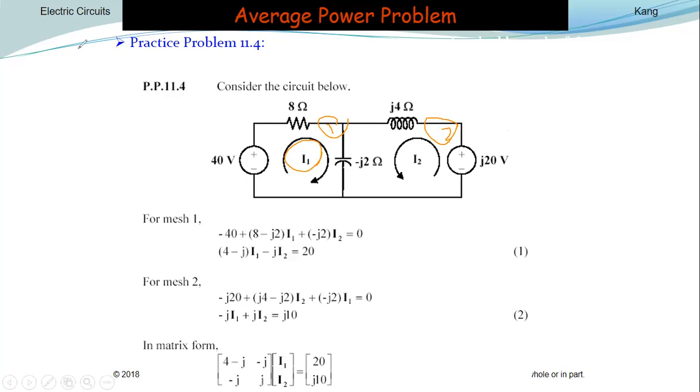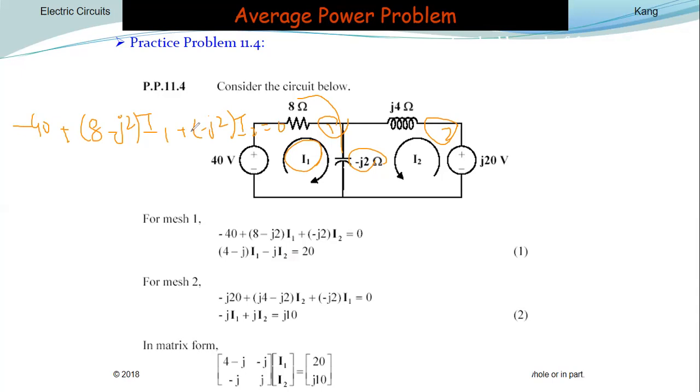For mesh number 1, the equation will be equal to -40 plus this one, 8 minus j2, this is the impedance value, with the current I1, plus we have to neglect this value with respect to I2, so it will be minus j2 with the I2 value, equals 0.